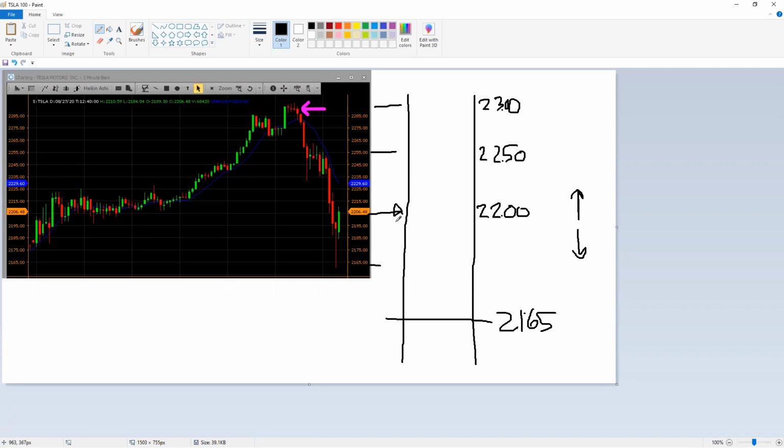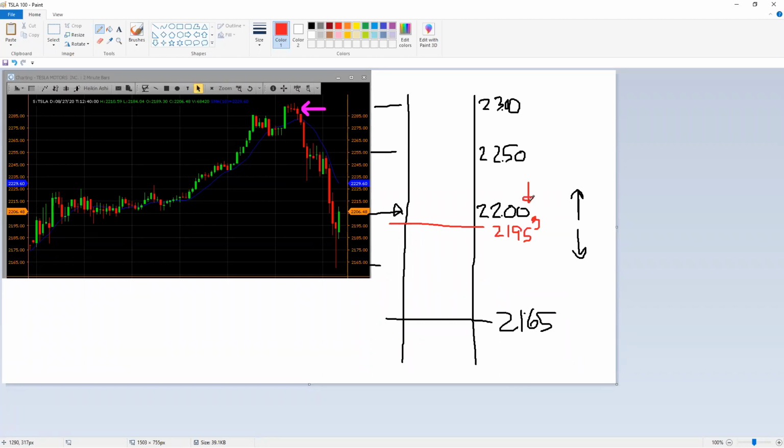Right here, I'll change the color to red at 2195, right under this even number of 2200, whether it's 2195 going through 22, or 2195 going up through 22.